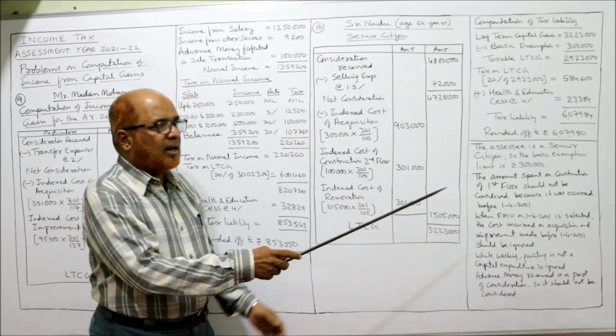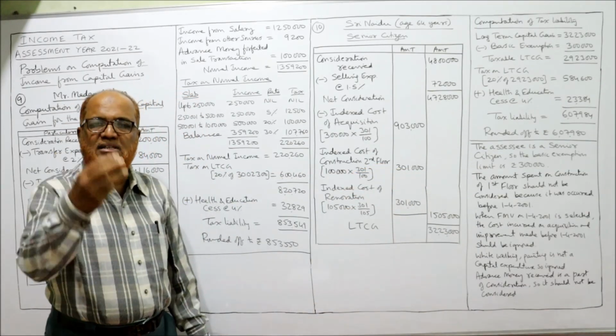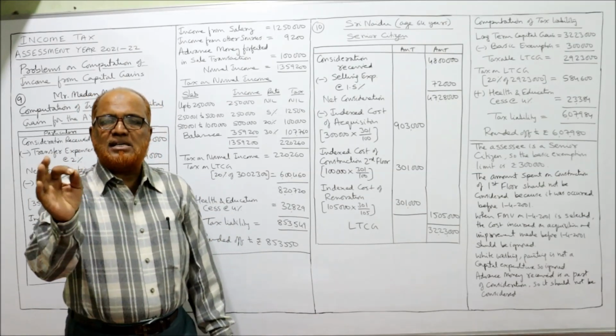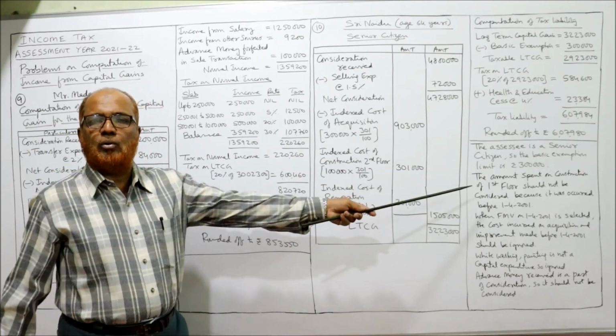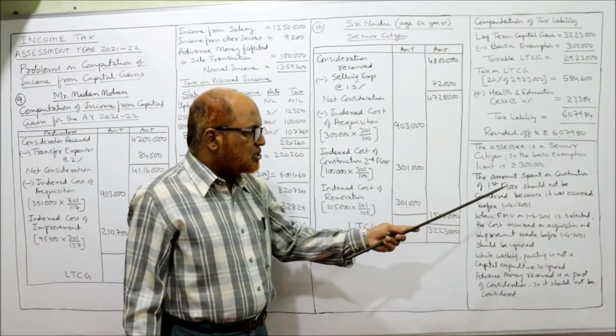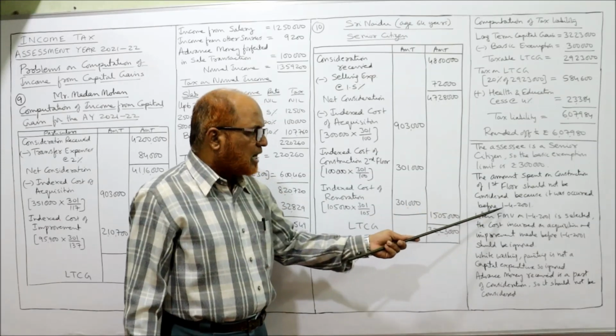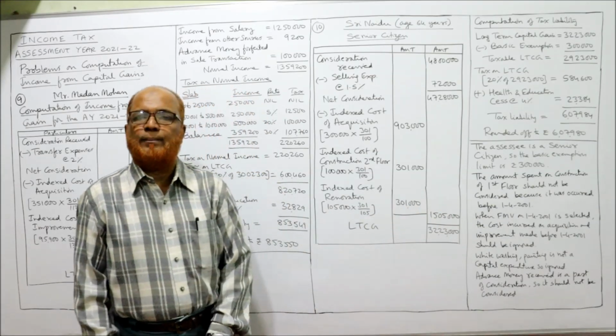In the working note you can write that the assessee is a senior citizen, so the basic exemption limit is 3 lakh. Just now I told you. In examination you must write the notes, then only you can score the marks. The amount spent on construction of the first floor should not be considered because it occurred before 1/4/2001.